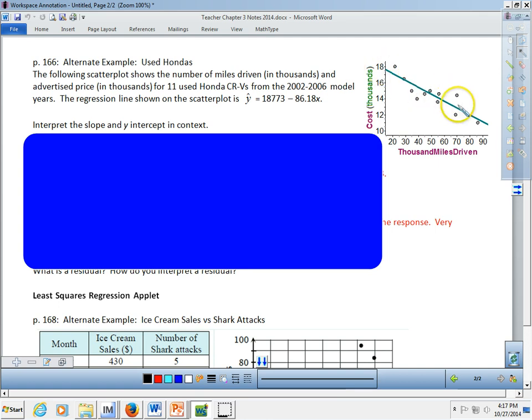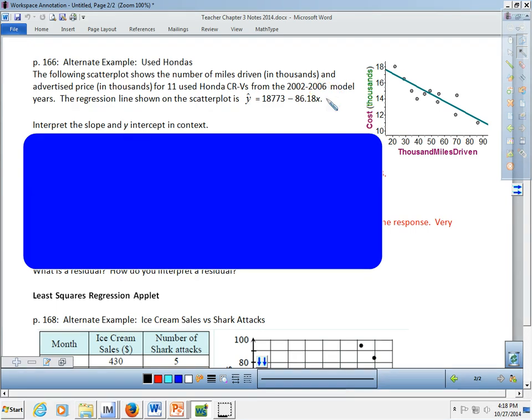This line is our regression line, very often called the best fit line. There are some different types of regression lines, and we'll talk about that in just a second. So this line has the equation y hat equals 18,773 minus 86.18x. Now, there are ways of getting that equation.